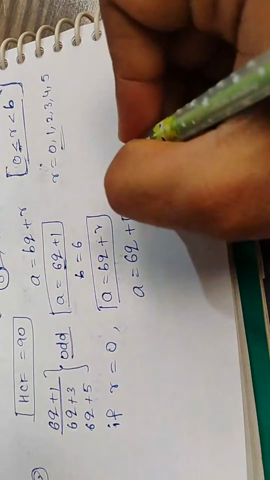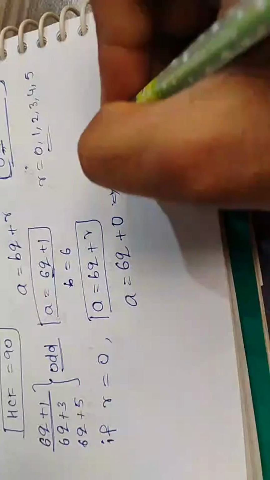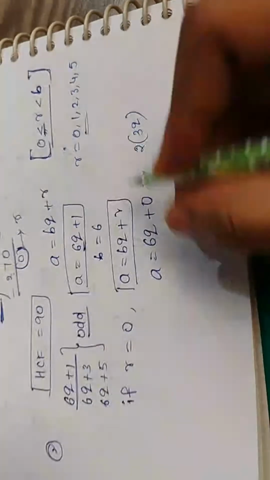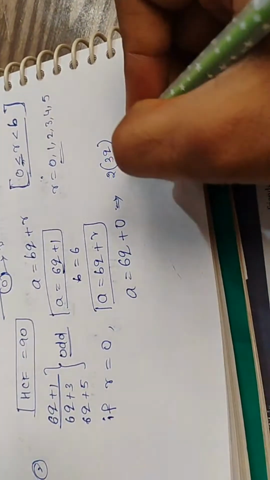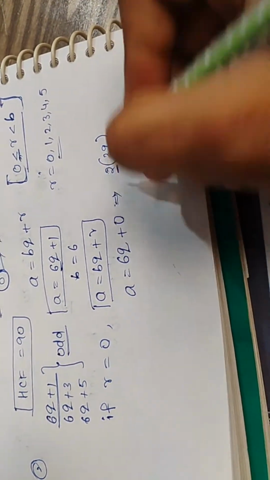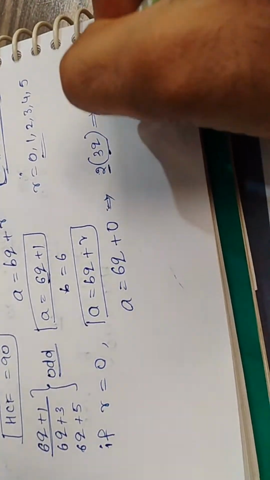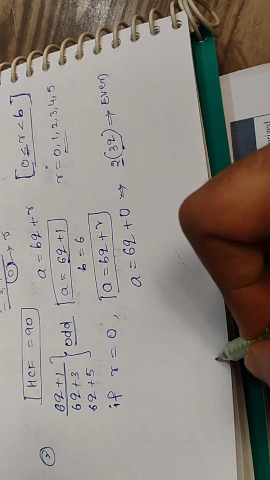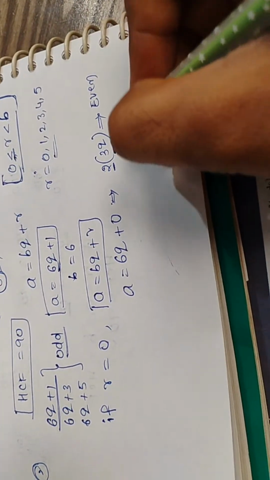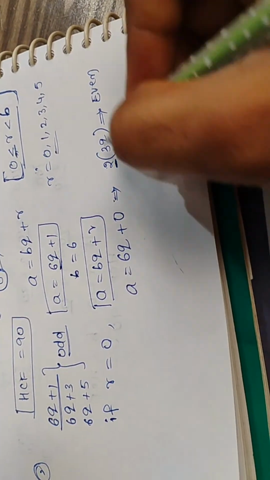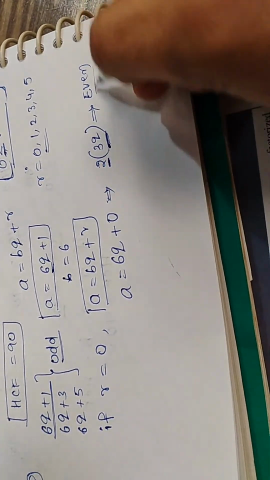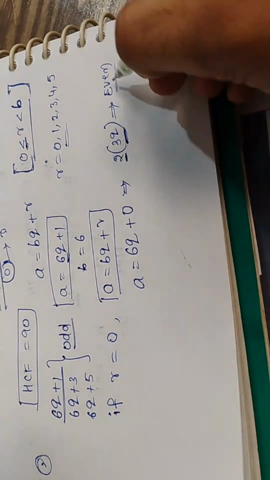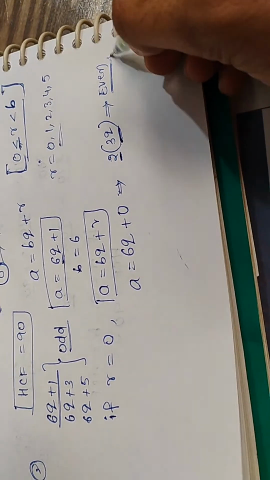We already know 6q is 2 into 3q. If you multiply any number with 2, what are you getting? It is an even number. So it is not odd, it is even.